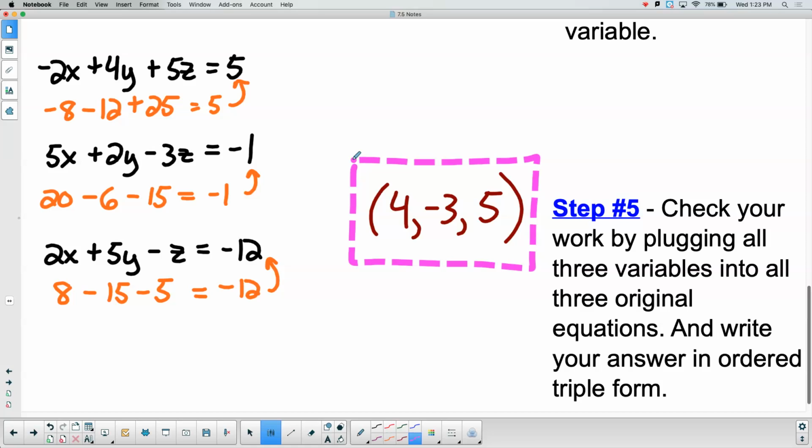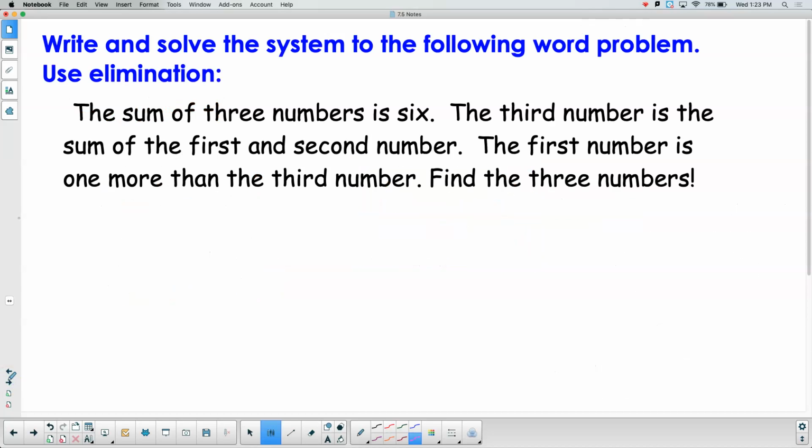Questions, comments, concerns, clarifications? First thing we always have to do.